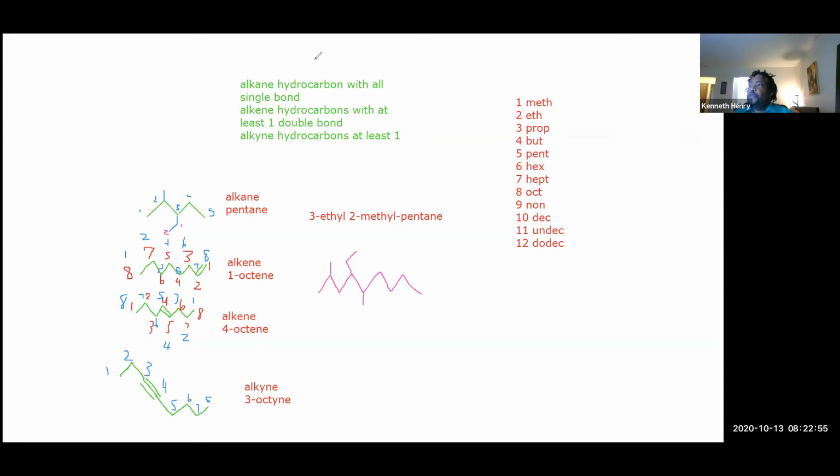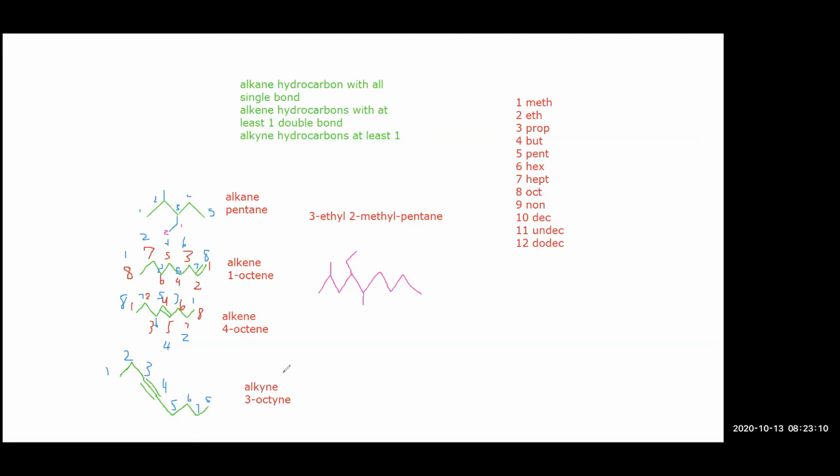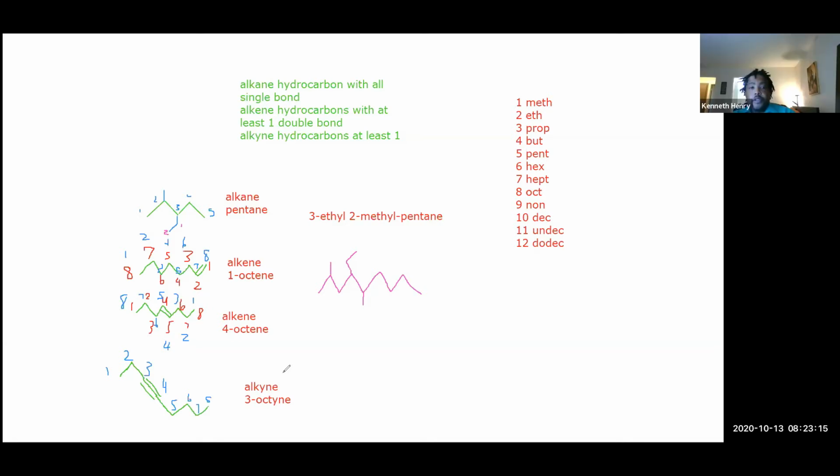So the first step is to do what? Count how many carbons? Count the carbons. So first we need to find the longest chain. That's going to be your first step.